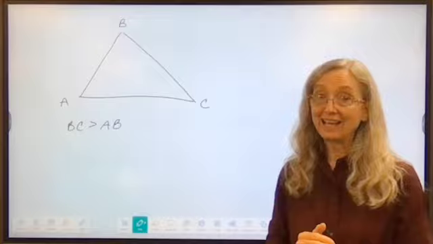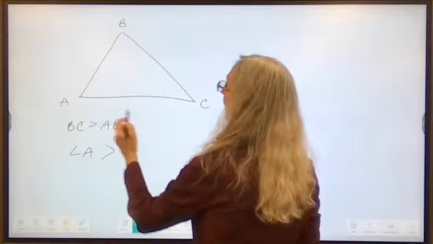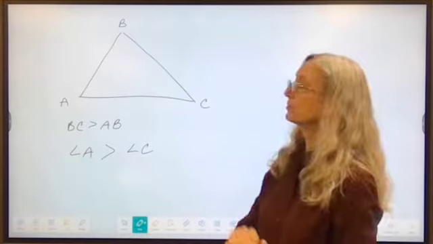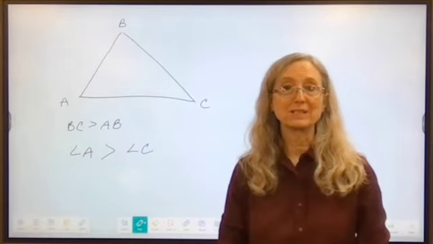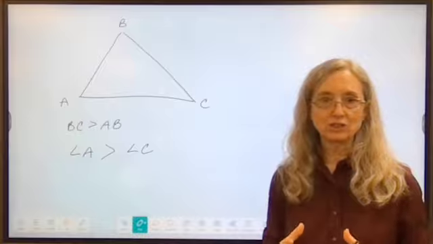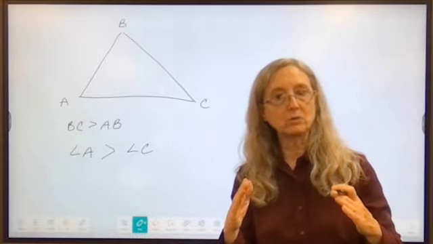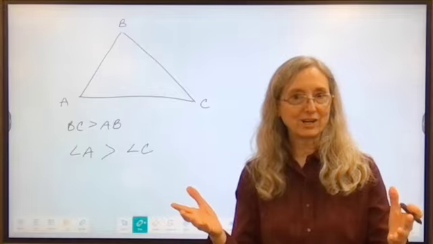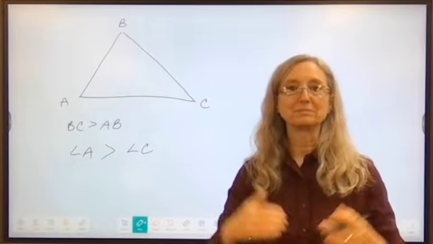Therefore, angle A has to be greater than angle C, because the side across from A is greater than the side across from C. That relationship works in all triangles. Of course, if the sides are equal, then the angles across from them are also equal. That's our isosceles theorem. So if it's longer, then it's greater.